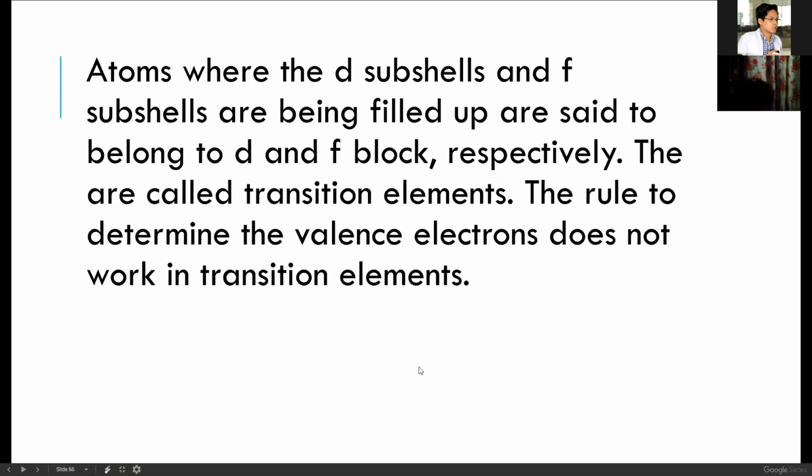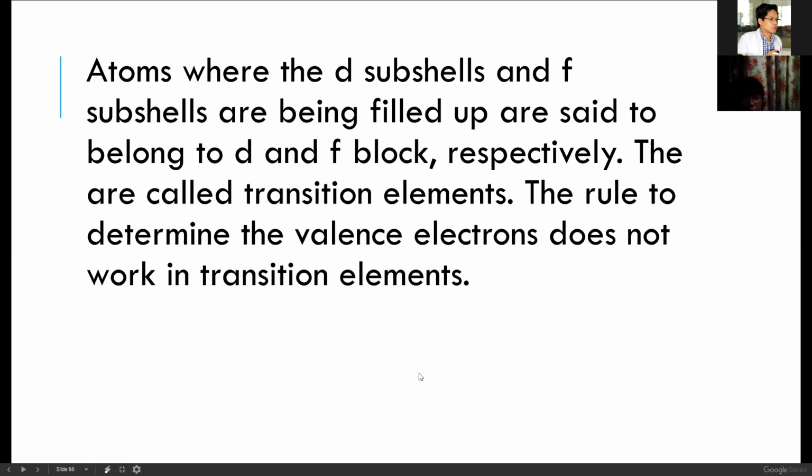Atoms where D subshells and F subshells are being filled up belong to the D and F blocks, respectively. They are called transition elements or transitional elements. The rule to determine the valence electron does not work in transition elements, because we have a different formula in getting those valence electrons.